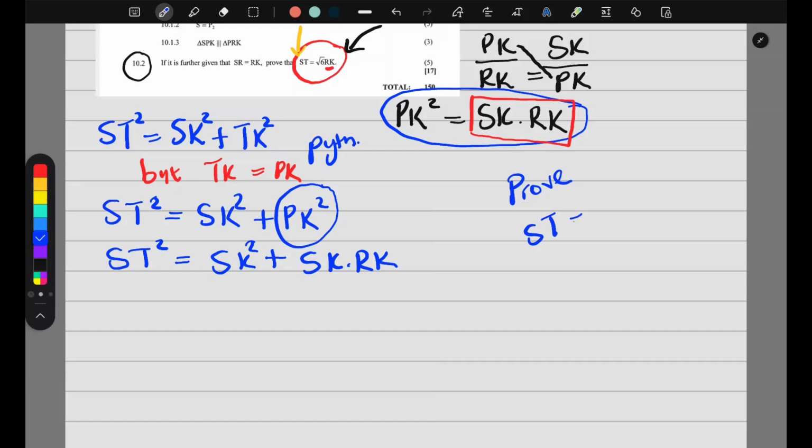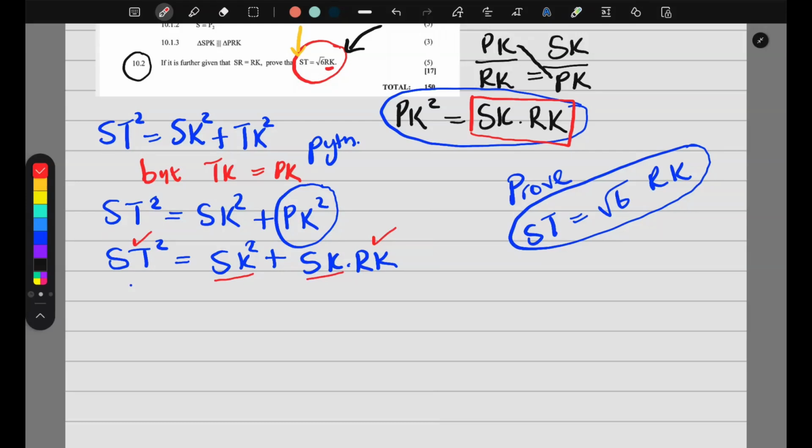I want to prove that ST is root 6 of RK. Okay, I need to get here. I already have ST, tick. So I already have an ST and I already have an RK. But here I have an SK and there I have an SK. So I need to figure out how I can get rid of SK.